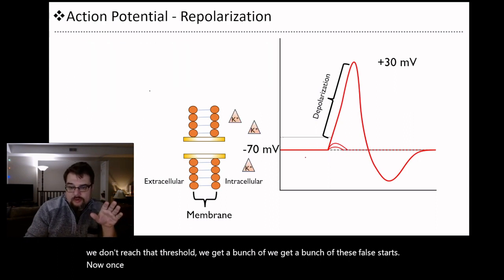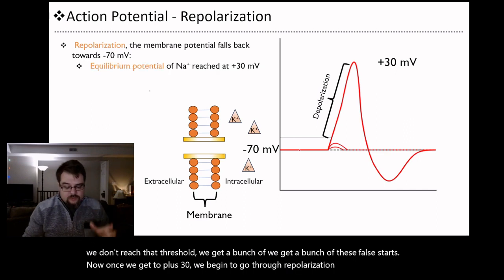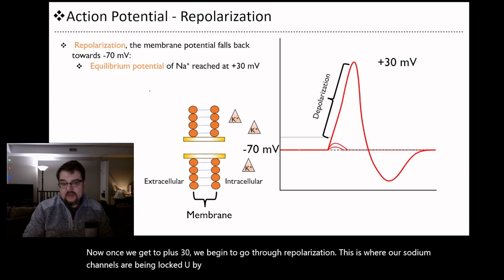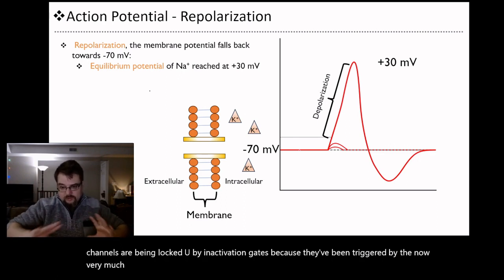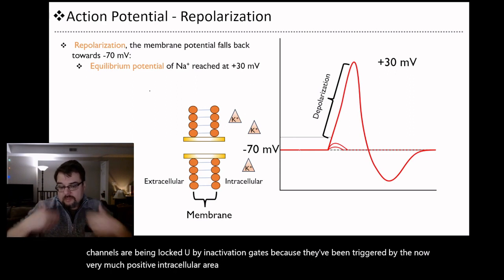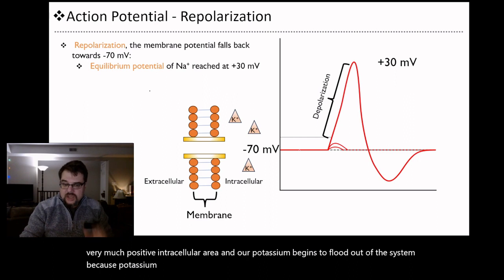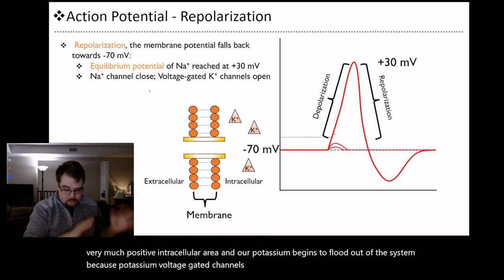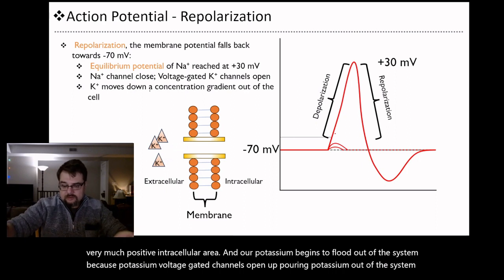Now, once we get to plus 30, we begin to go through repolarization. This is where our sodium channels are being locked up by inactivation gates because they've been triggered by the now very much positive intracellular area, and our potassium begins to flood out of the system because potassium voltage-gated channels open up, pouring potassium out of the system into the extracellular space.